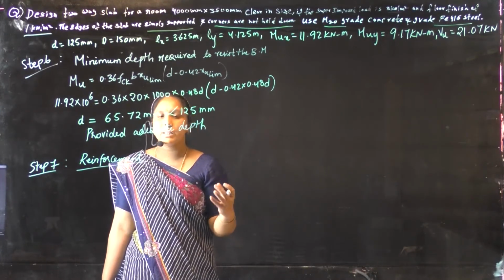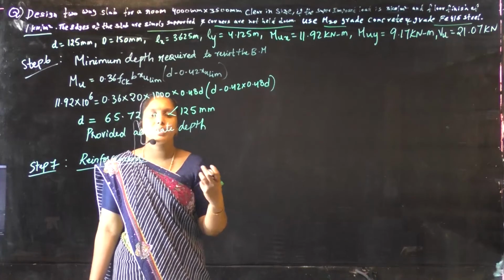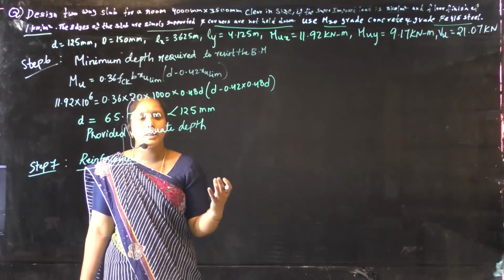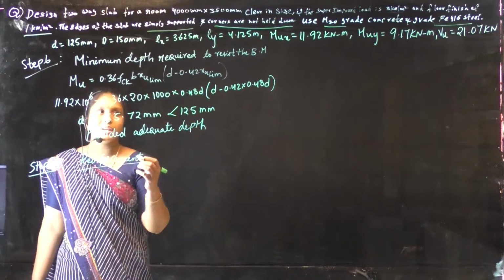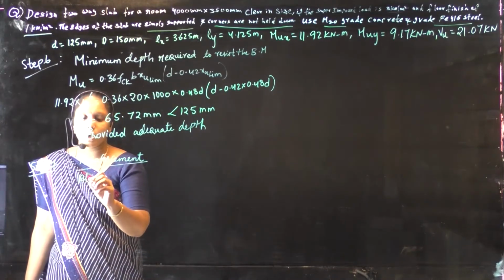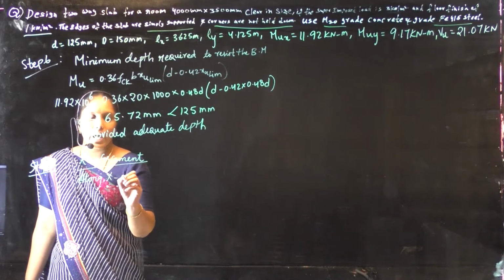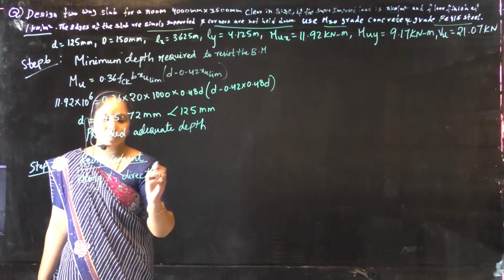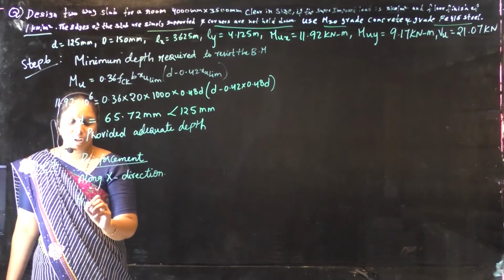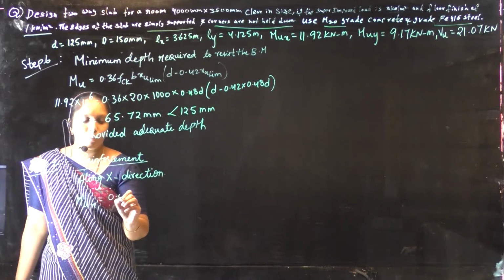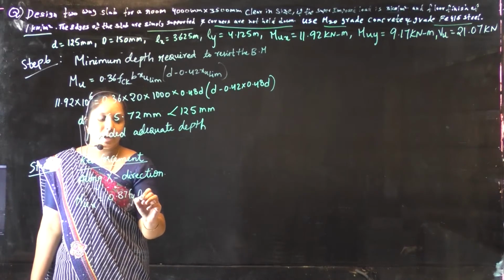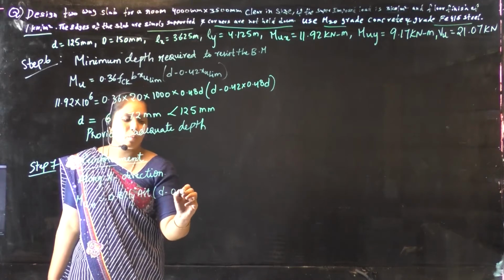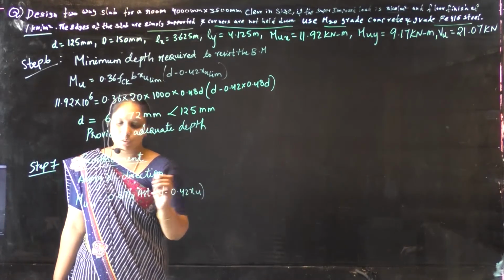So let us calculate the reinforcement details. What is the reinforcement which has to be provided in the x direction and the reinforcement to be provided in the y direction? First let us find out the reinforcement to be provided along the x direction. How will we calculate? MUX is equal to 0.87 into Fy into AST into D minus 0.42 XU.